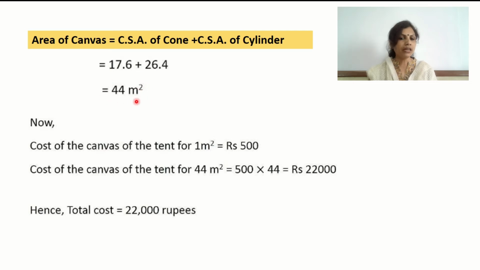So for 44 meter square the cost is 44 into 500, and that is equal to 22,000 rupees. So the total cost comes equal to 22,000 rupees. Right, children?